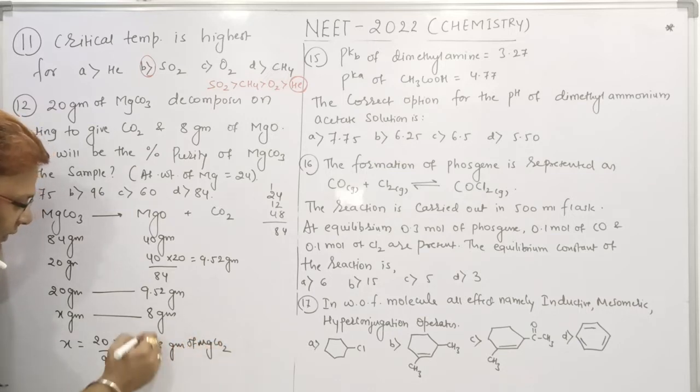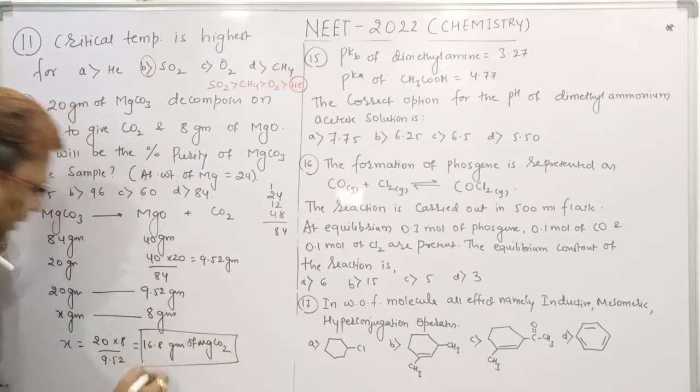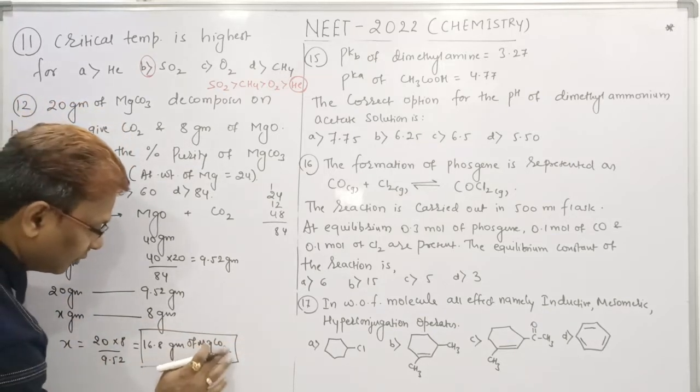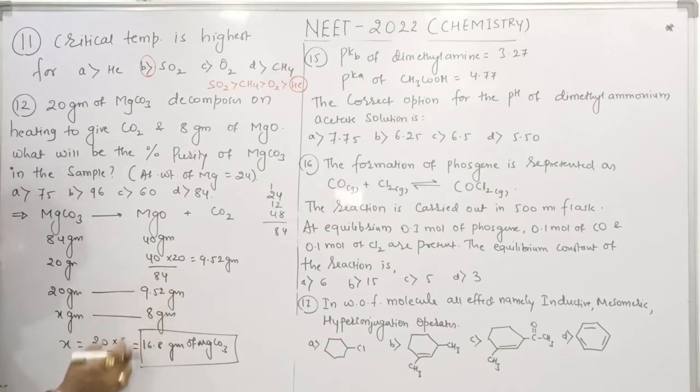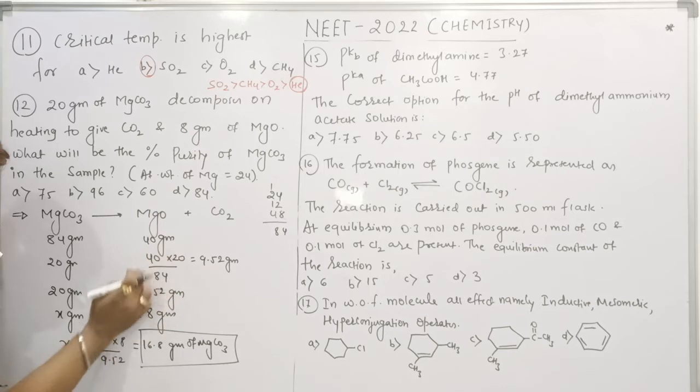Now you can see here, 16.8 gram of magnesium carbonate is what we got, out of the actual 20 gram. 9.52 is the value we are getting from this number.